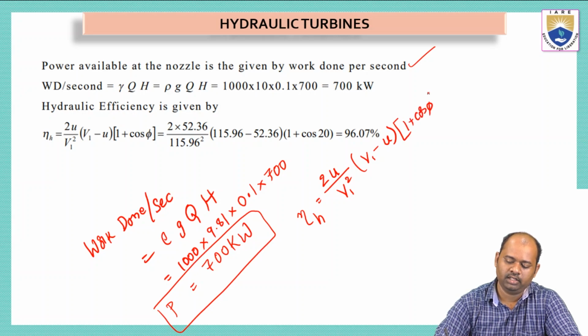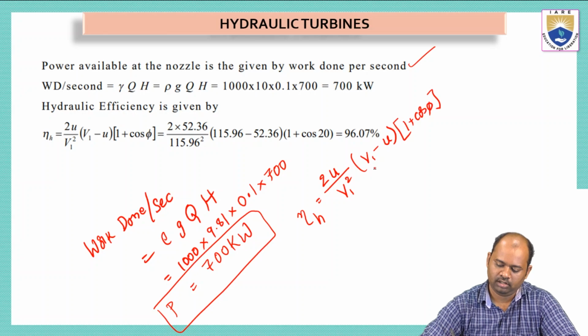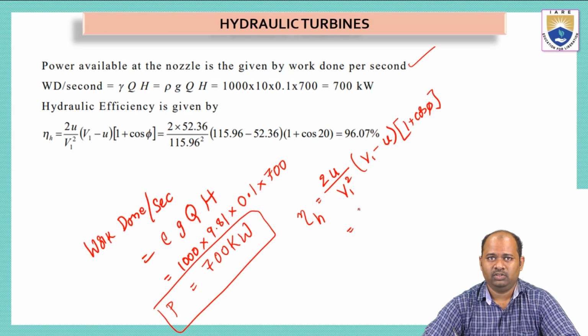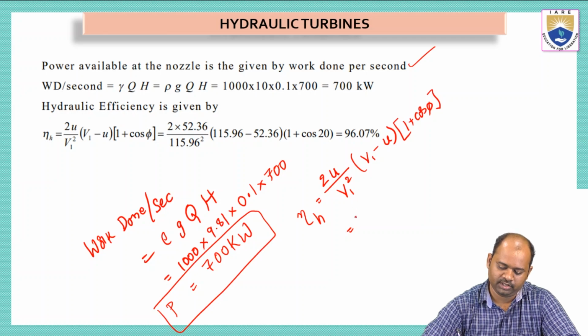This is the formula that we have obtained from the derivation, and using this we can simply calculate the hydraulic efficiency. It is the modification. So we know hydraulic efficiency is the ratio of shaft power, the runner power, to the water power. Using this same condition, we are going to calculate this hydraulic efficiency.